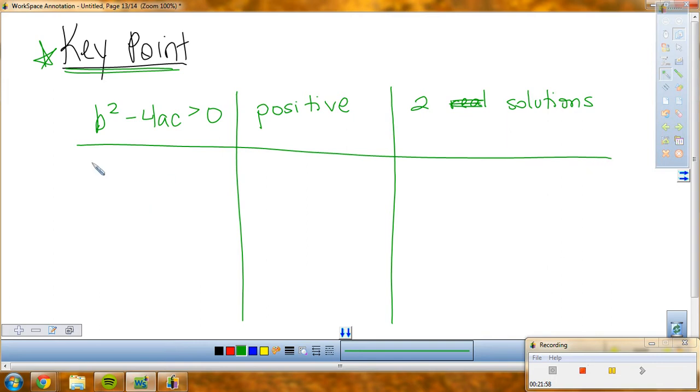If my b squared minus 4ac is equal to 0, meaning that it comes out and we just get 0, then that means we have one real solution, or one solution.